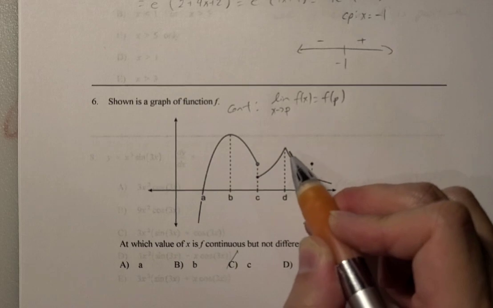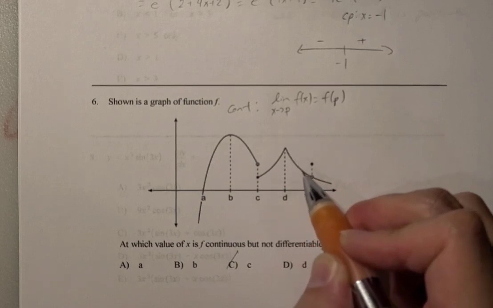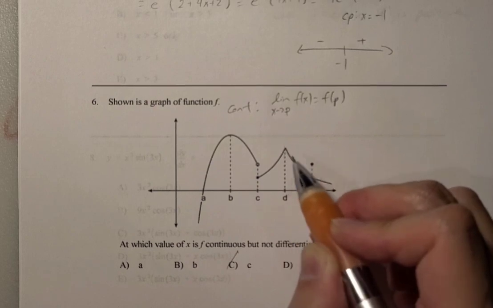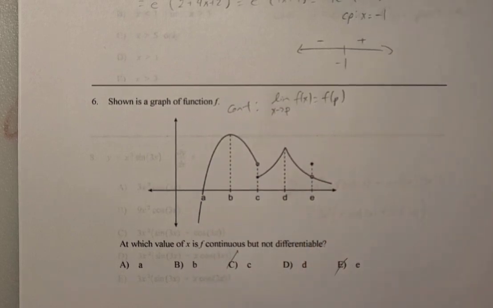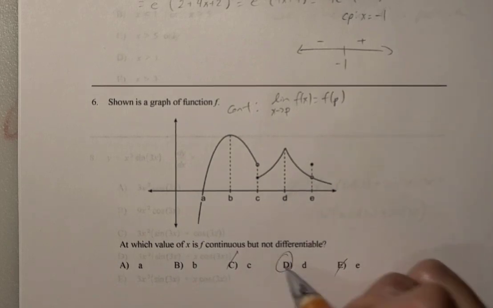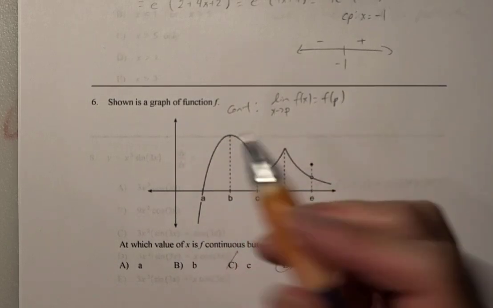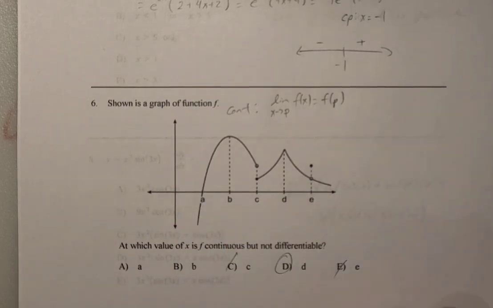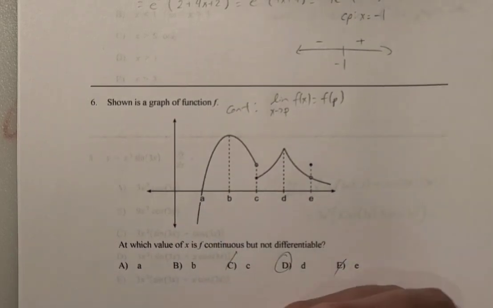But if you come in from the right, remember the derivative is a limit, so that's why we're looking from both sides. The slope, if you come in from this side, is a negative number. So the derivative from the left and from the right are not the same, so it's not differentiable there. So it's D. Over here, the slope of the tangent line is clearly 0, and here it's some positive number. Okay, that's how we do that.